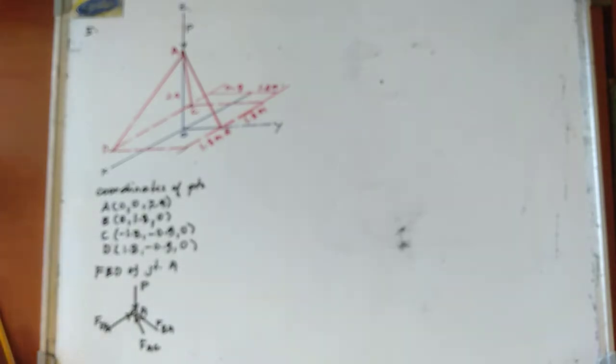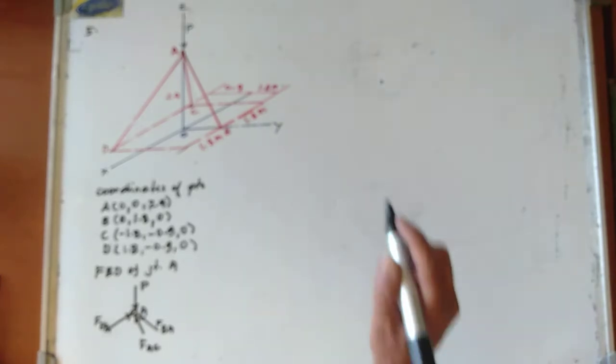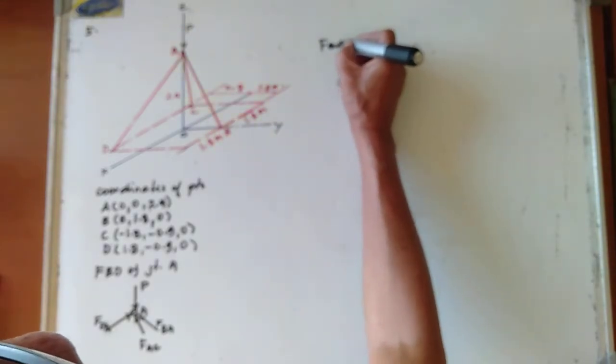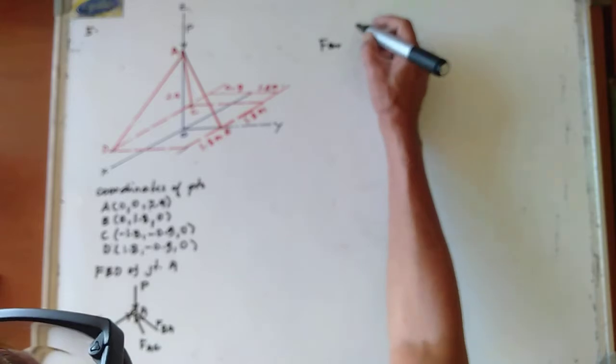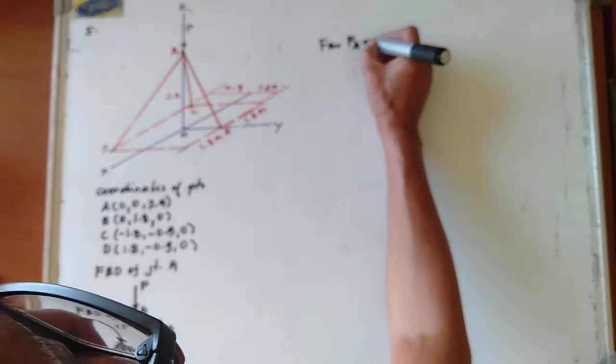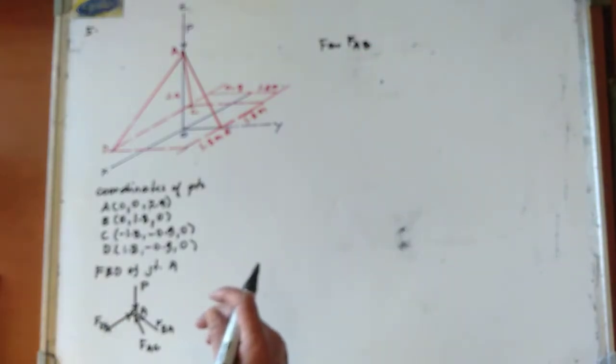Now, let's try to write the forces in Cartesian vector form. Let's start with FAB.